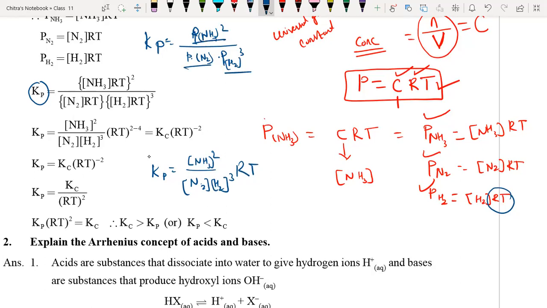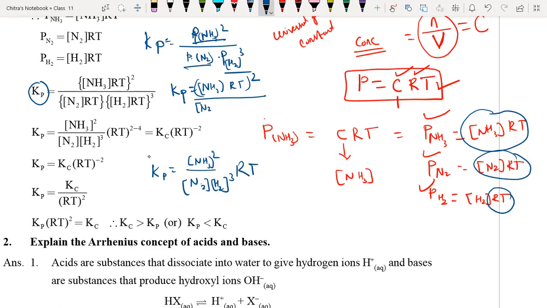Pressure of ammonia is NH3 inside the square bracket into RT, whole to the power 2, divided by concentration of N2 into RT, and for hydrogen, P of H2 is concentration of H2 into RT, to the power 3.